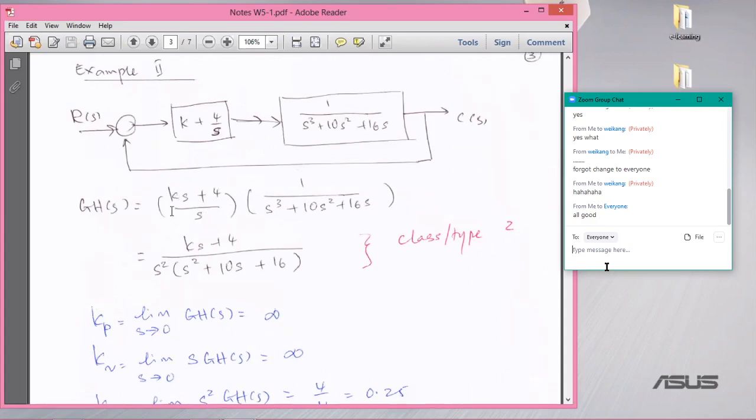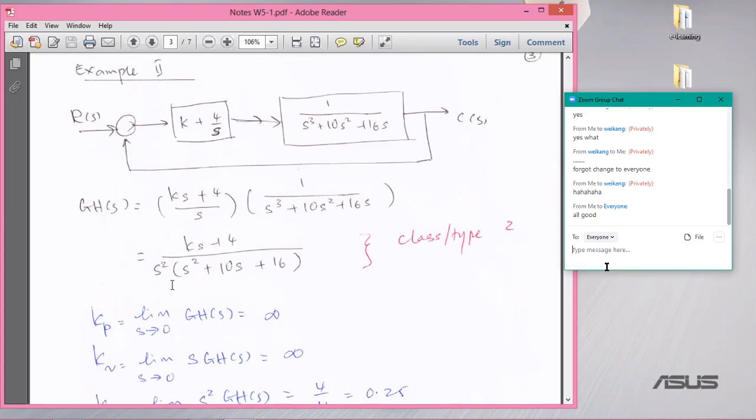So we prefer it in the form of a ratio, and then multiply by the system transfer function, the system that we are interested to control. So finally we have the expression for the open loop transfer function.